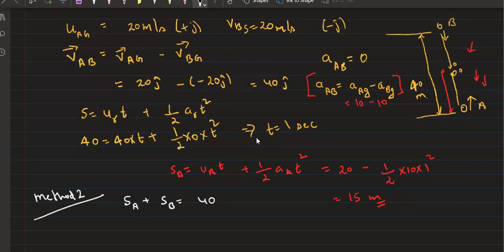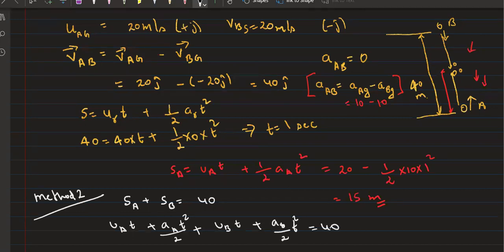So we know that SA plus SB is equal to 40. So what is SA? It is UA into T plus half AA T square, plus UB T plus half AB T square, because the time would be the same, and this should be equal to 40.